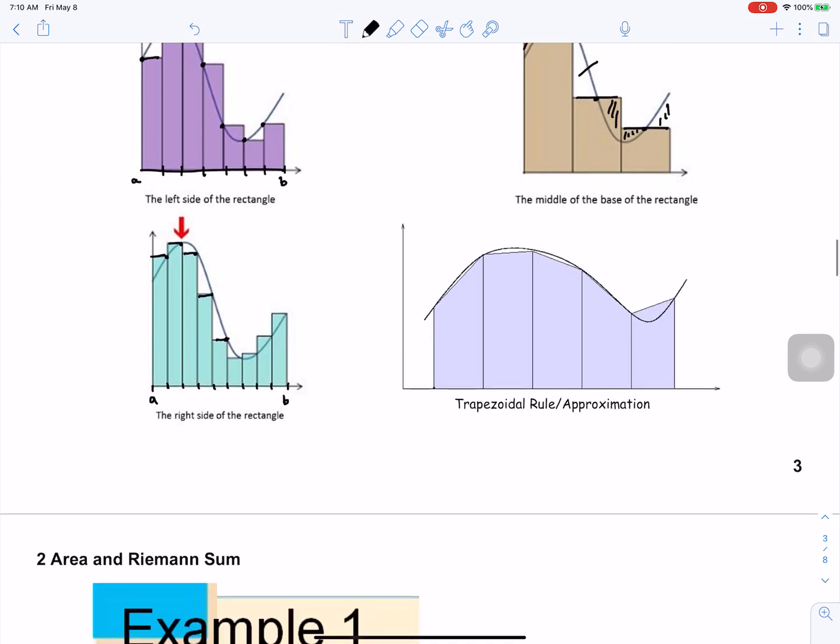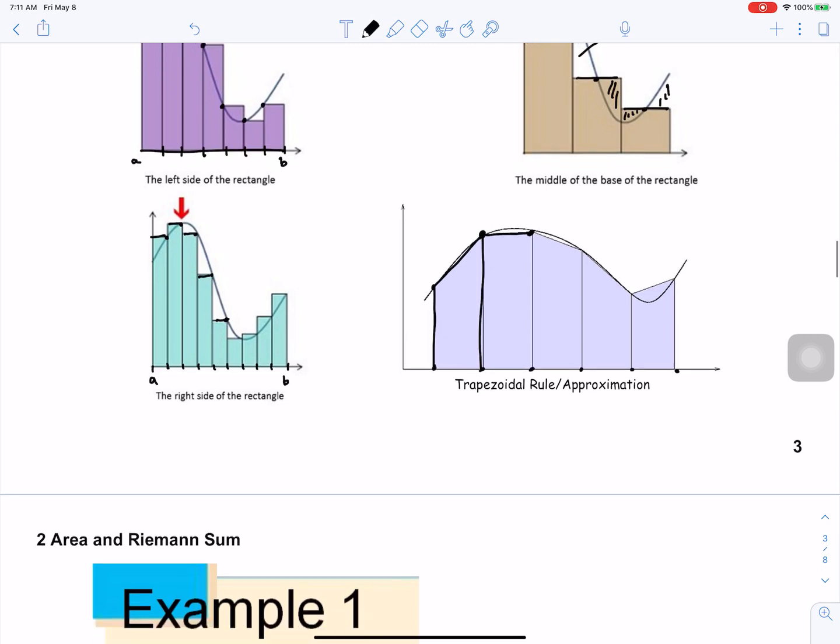Now the last approximation we're going to do is a trapezoid. So what we do is we break up our interval, and then we go to the height at each point, and we just use a trapezoid, or a line joining those 2 points, to make the trapezoid at each point. So I take this endpoint, make a line between them. That forms sort of the trapezoid of that section.